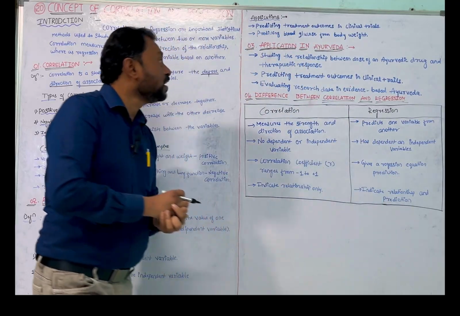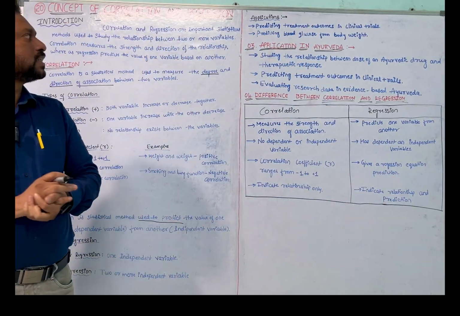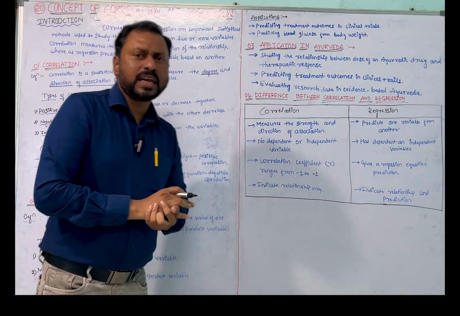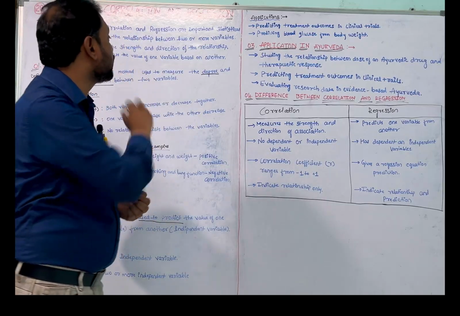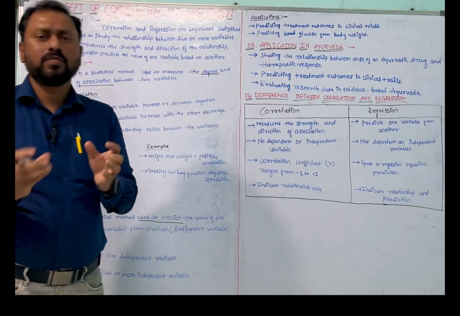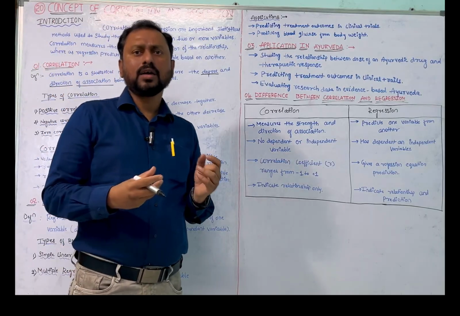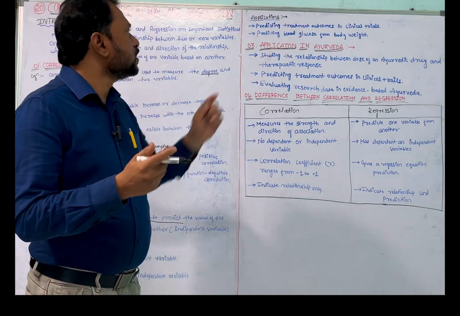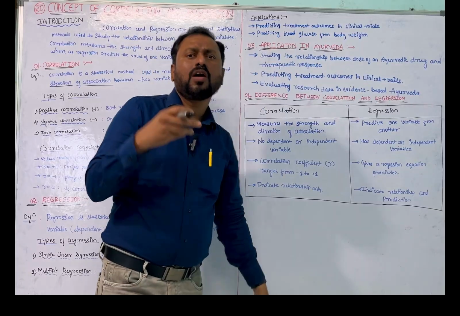Now we'll study the applications where we use this. The first is predicting the treatment outcome in a clinical trial. Whenever we give a new trial drug, we predict how it may be.